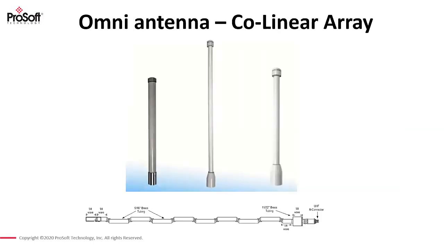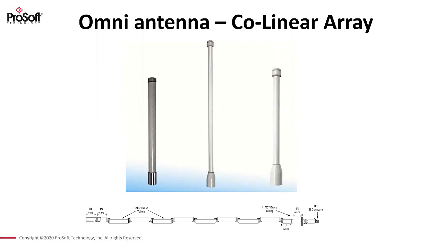The next type of antenna is also an Omni, but it's called a collinear antenna. Basically it's lots of little Omnis stuck together in a tube. Why we do this is that with them joined together, it increases the signal area, so it'll actually go out a lot further than normal.